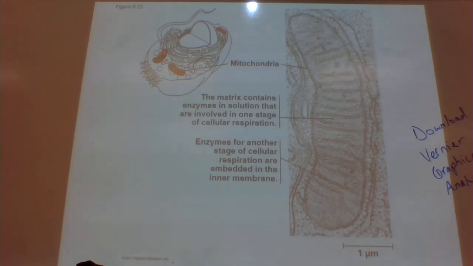The reason why the mitochondria perform cell respiration is because it holds all the enzymes that perform cell respiration. The reason why the rough ER modifies proteins is that it holds all the enzymes that modify proteins. The reason why the smooth ER detoxifies is that it holds all the detoxifying enzymes.